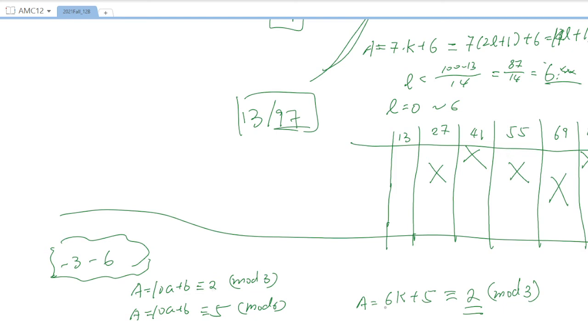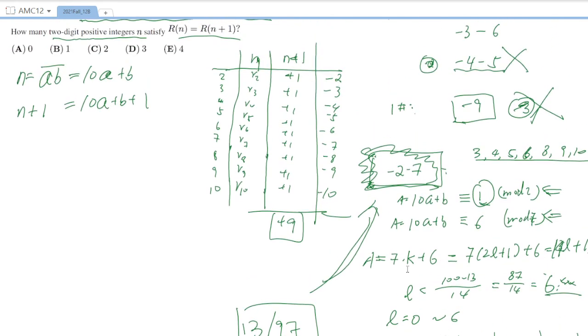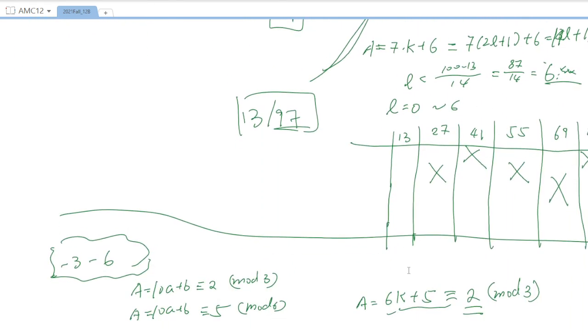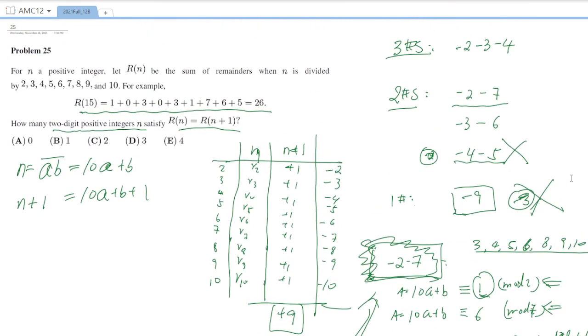Okay, 6k. Okay, you can think, once we have -3, -6, what does it mean? It's an even number. We have to subtract 2, right? So that's why this case doesn't work, right? Okay, good.